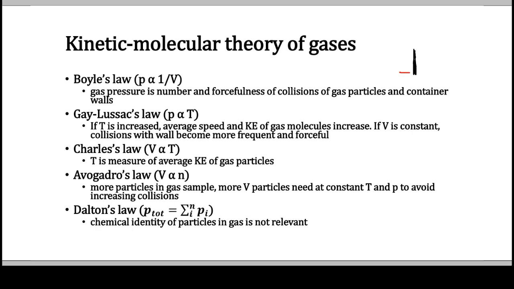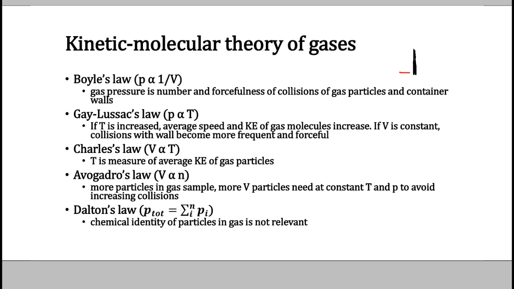Well, if we add some more gas in there, or let's say we halve the volume, so the gas has less room to move around, then there might be 2 molecules of gas hitting the wall. So then the pressure is going to double because it has half the space to work with. So at the molecular level, you can just think about the number of collisions and the forcefulness of the collisions with the wall.